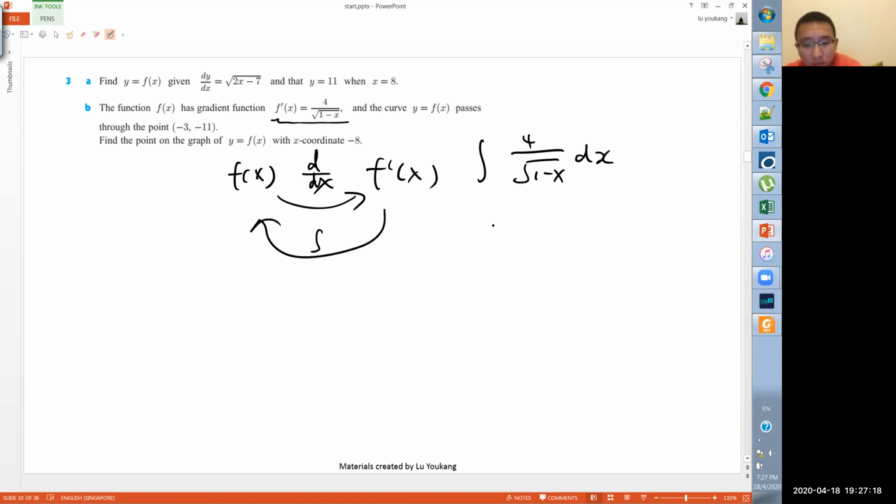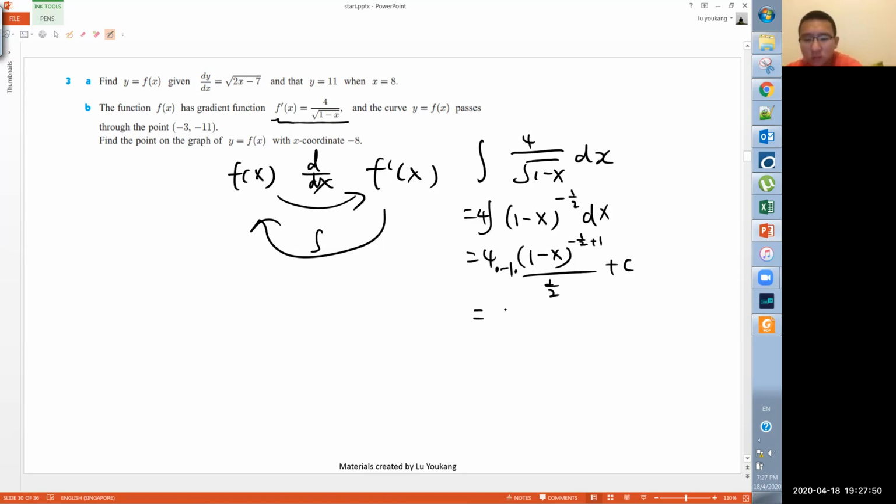To integrate this, you change it to this format first. You can take out the 4. So add 1 to the power and then bring down the resultant power. And you know that when you differentiate this, -1 will be taken out, right? So you need -1 to cancel the effect of it. And then you end up with plus C.